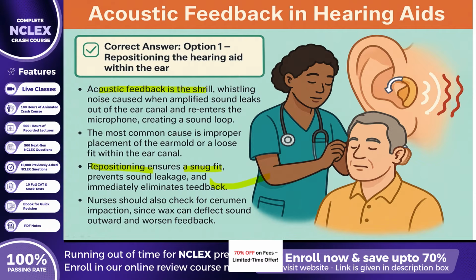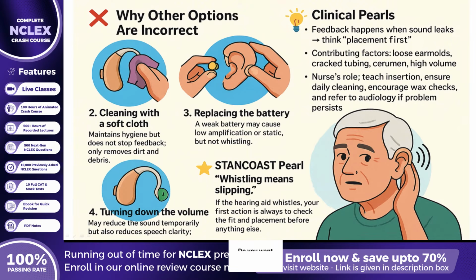Although battery care is part of good hearing aid management, it does not address the immediate whistling. Option 4, lowering the volume, may reduce the feedback temporarily, but it also diminishes sound quality for the client, making communication more difficult. It masks the symptom rather than fixing the problem. If repositioning does not resolve the issue, then the ear mold may need to be refitted or reprogrammed by an audiologist.